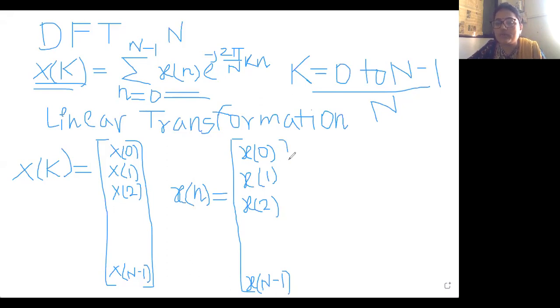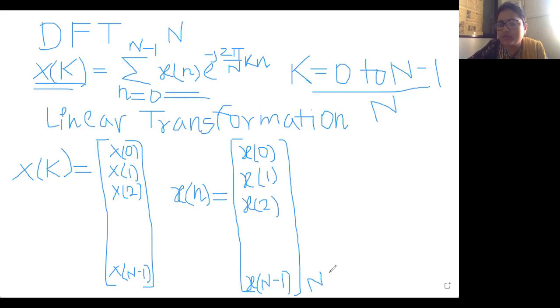So the total number of samples present in the input sequence is n. So what will the dimension of this matrix be? How many rows are there? 1, 2, 3 up to n number of rows. So here we will represent n rows, and how many columns are present?